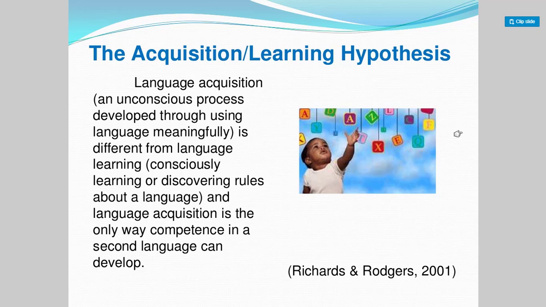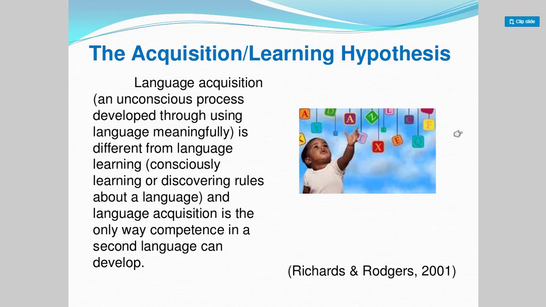Here, we're not going to take into account the grammar perspective. Why? Because in a natural way, we don't learn our mother tongue, our L1, by taking into account the grammar. No, we learn it in a natural way. By doing what? By total exposure to the language itself.